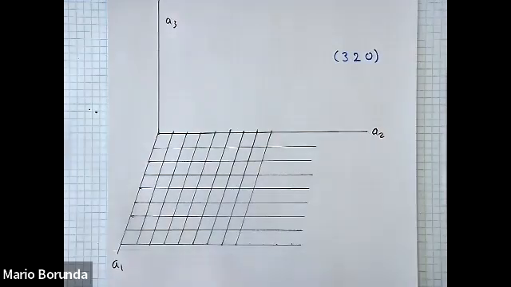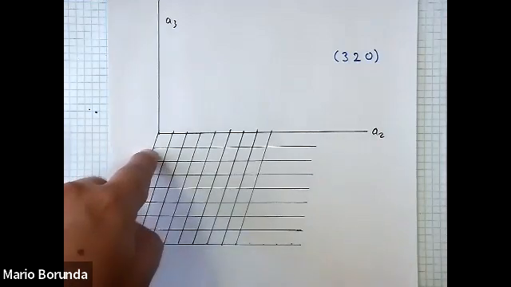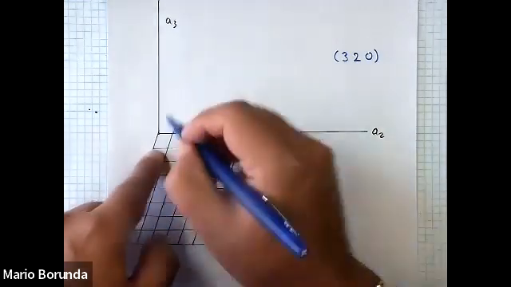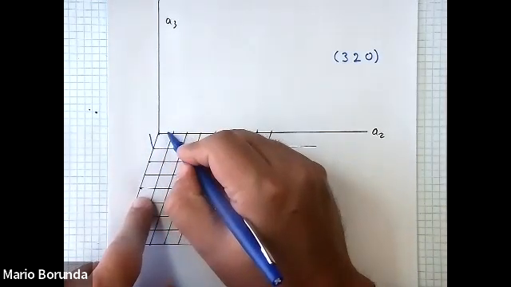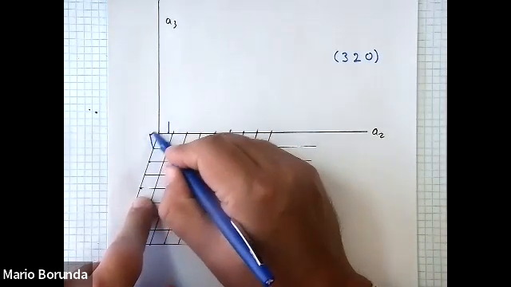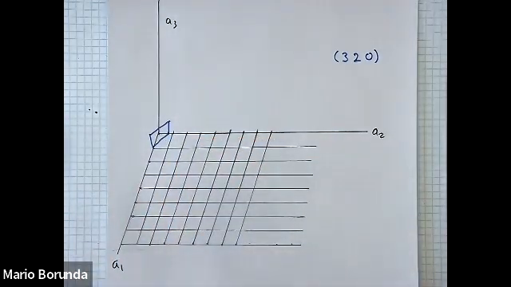So if we're right, we want one that crosses at 1. The one that crosses at 1 would also cross at 2/3. So there's a plane that goes from here, and let's say that this was 2/3. And this is the first plane. That's one of the 3, 2 planes.